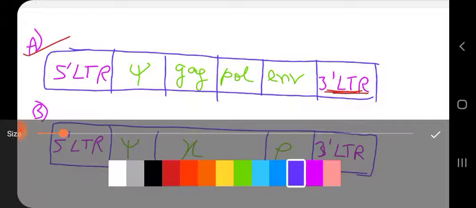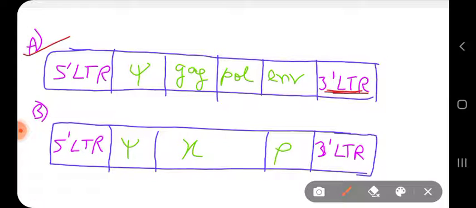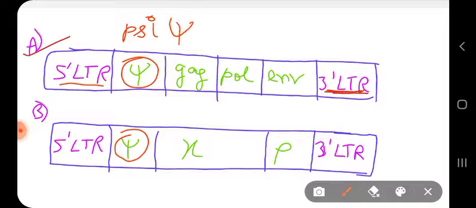Okay, so here let us see what they are trying to say. The 5 prime long terminal repeat and 3 prime long terminal repeat are the repeated sequences found at the extreme ends of the retroviral genome. It also consists of a non-coding sequence designated by the letter psi, shown by this symbol.